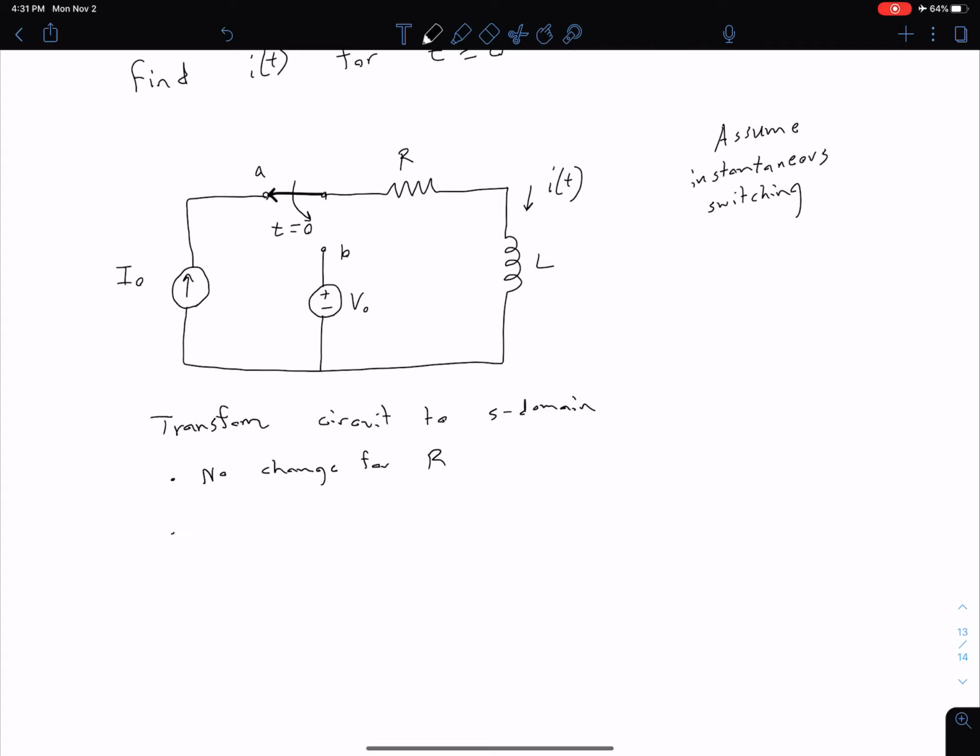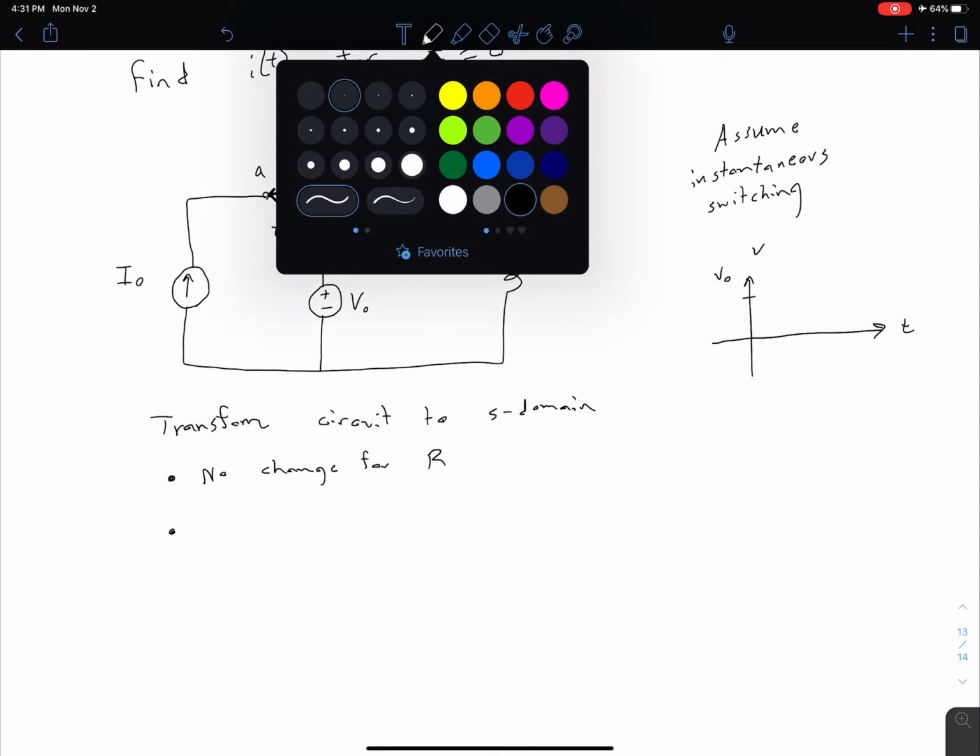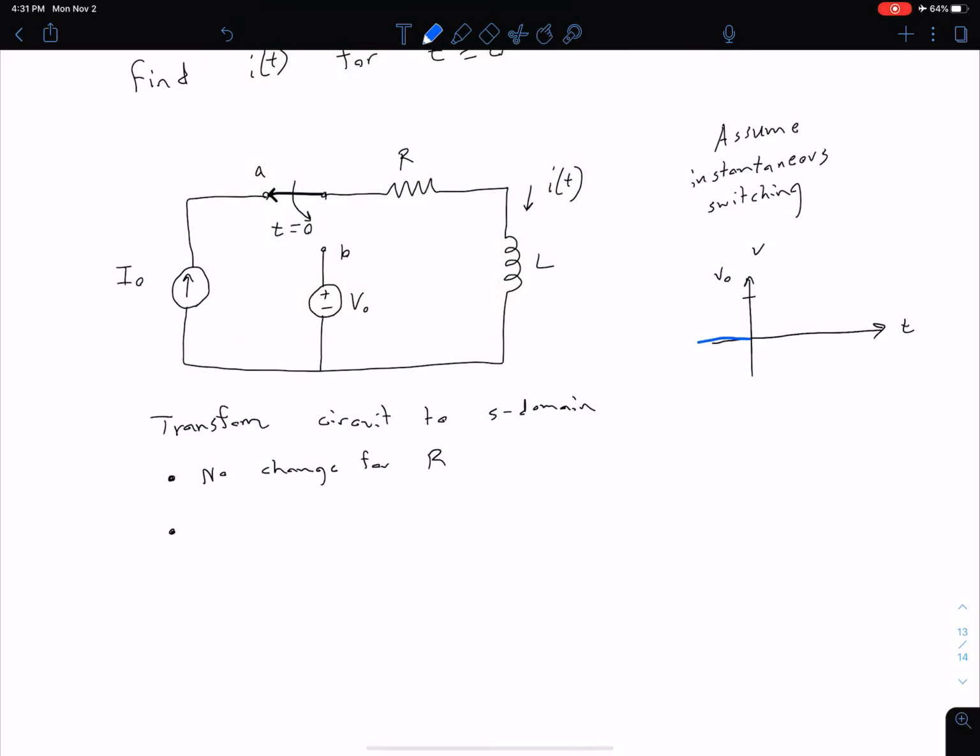This voltage source in the middle: we notice that the switch is moving to position B at t equals 0. So before t equals 0, our voltage has no input, and then it jumps up to a value of V0. We can plot what this looks like over time. For t less than 0 it's 0, then it jumps up to V0 and stays there.